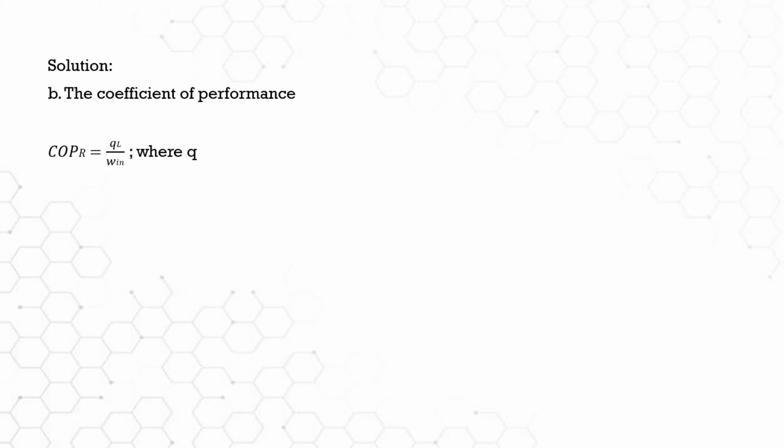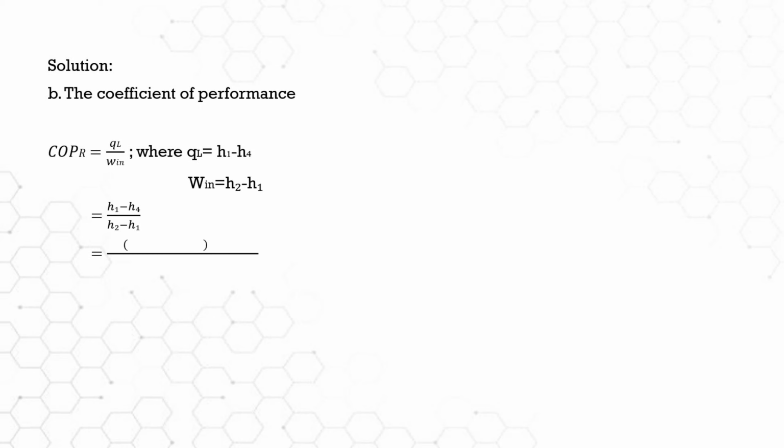Since heat removal on a unit mass basis is equal to enthalpy at state 1 minus that at state 4, then our net work input on a unit mass basis is equal to enthalpy at state 2 minus that at state 1. So the equation is: coefficient of performance of the refrigerator equals enthalpy at state 1 subtracted by that at state 4 over enthalpy at state 2 subtracted by that at state 1.